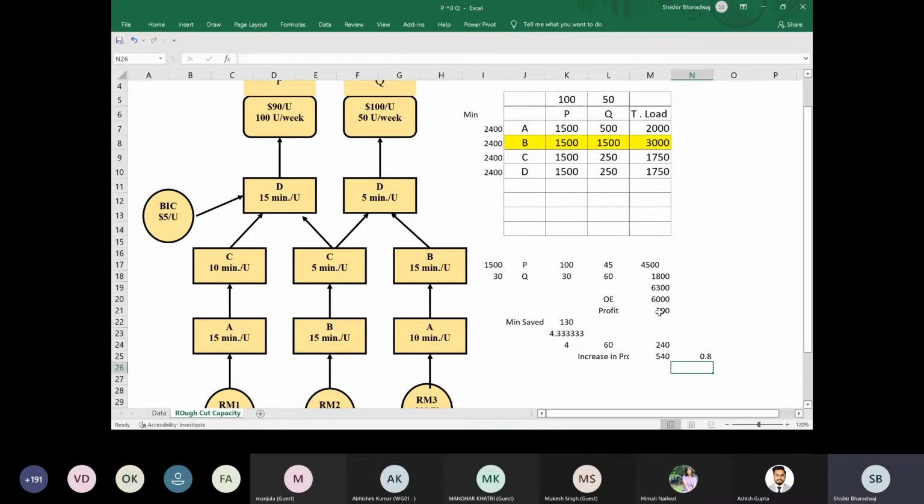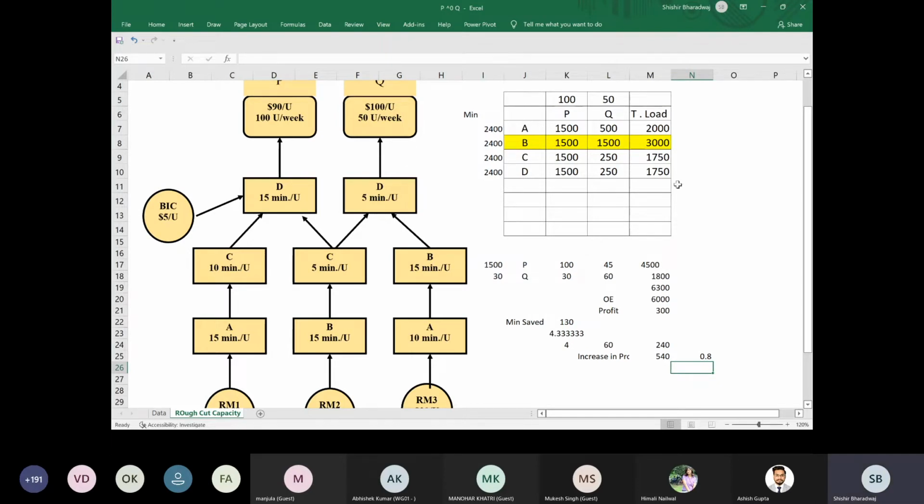Now comes the second part. Sir, you have saved only 1 minute here, but how about the 3 minutes increase there? So the moment I come to the 3 minutes increase here, before I was utilizing only 750 minutes of C. Now I have to make 4 extra units with an increase of 3 minutes. To this, I will add the overall numbers.